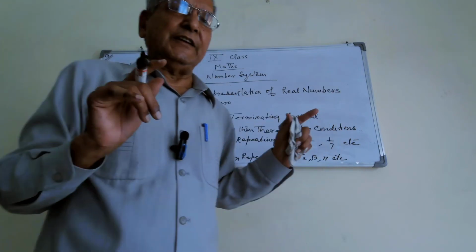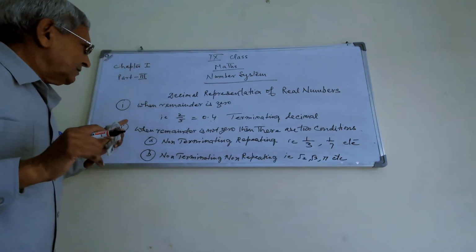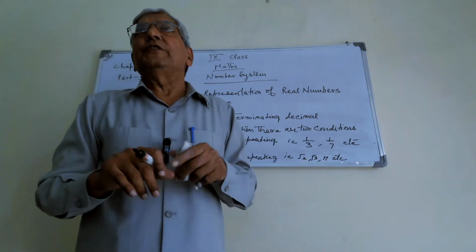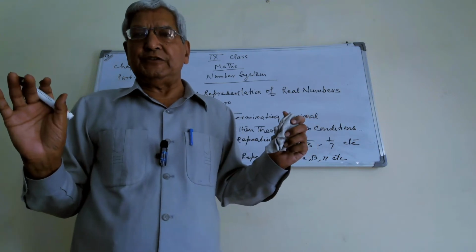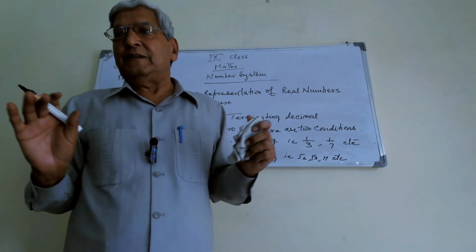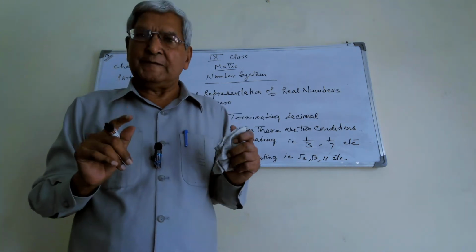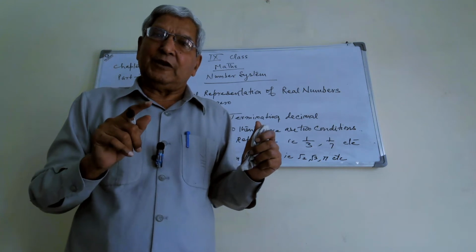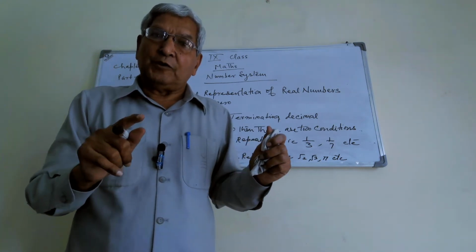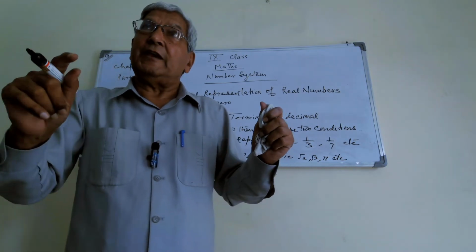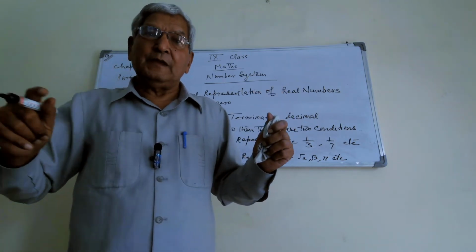So the second type, when the remainder is not zero. There are two conditions in this representation. First, when the decimal representation is non-terminating repeating, that is, continuously a number is repeating.